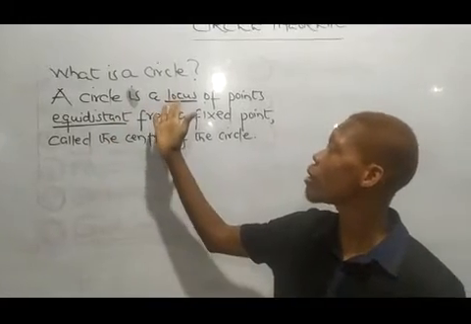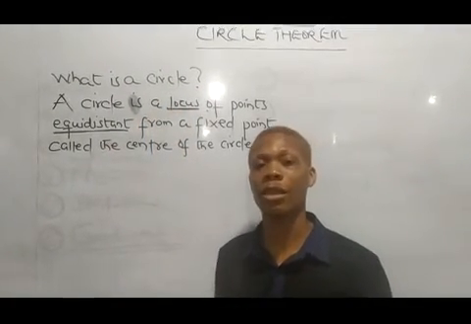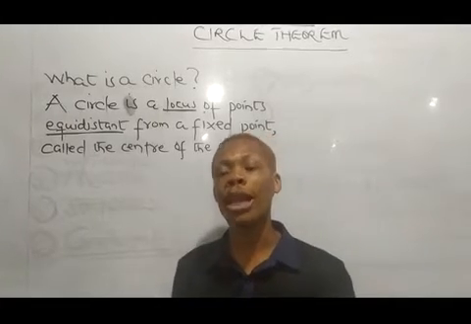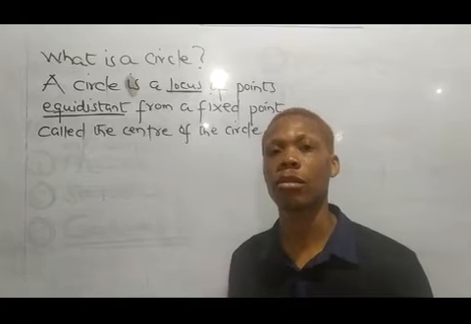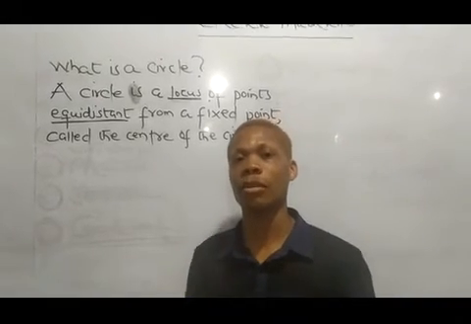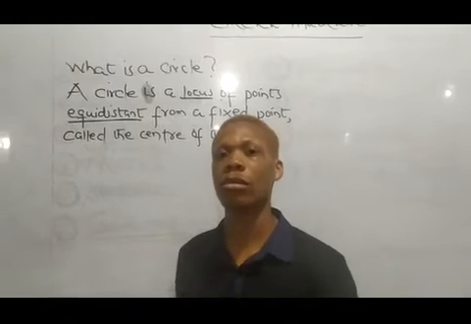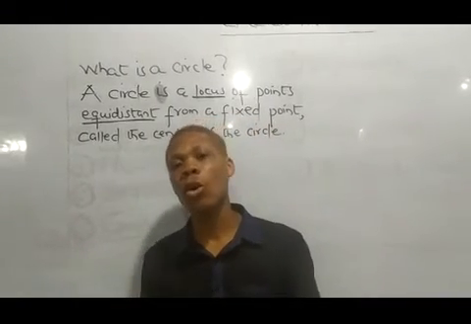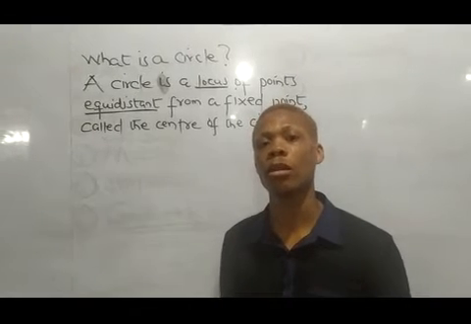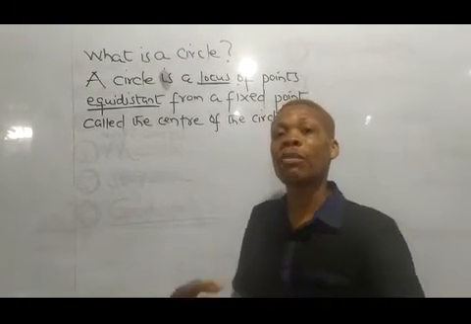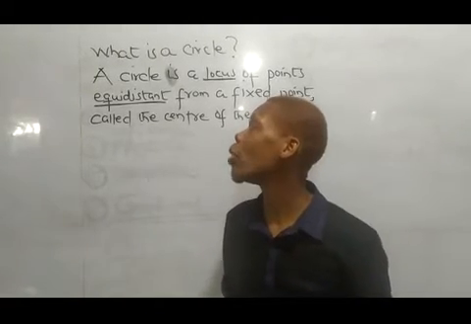When we say something is a locus, it is a set of points or lines that determines or that explains a specific location or a specific point.